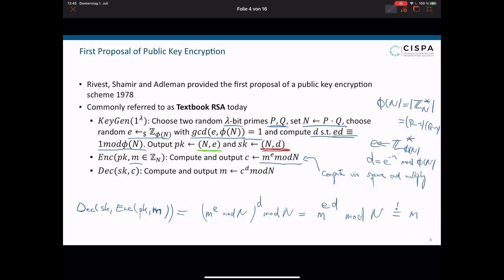Someone wrote it. We know that e times d is congruent to 1 modulo phi of n. Okay, but how does it help me? Why is this the same as m to the e times d modulo phi of n in the exponent? Once we have this, then we know this is m to the 1, good. Why am I allowed to reduce modulo phi of n in the exponent?